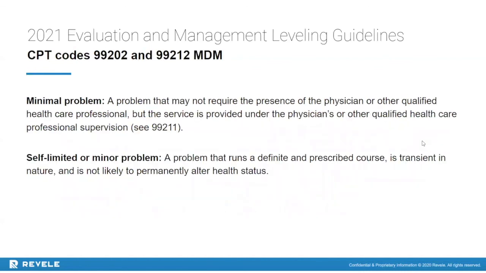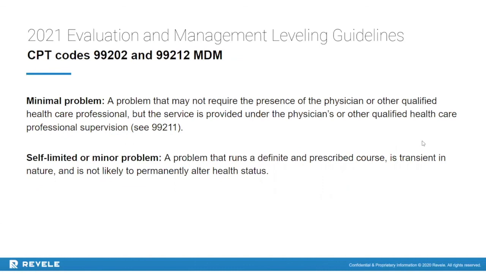For the CPT codes 99202 and 99212, in the medical decision making third column, you have two terminologies. One is minimal problem, which is a problem that may not require the presence of the physician or other qualified healthcare professional, but the service is provided under their supervision.